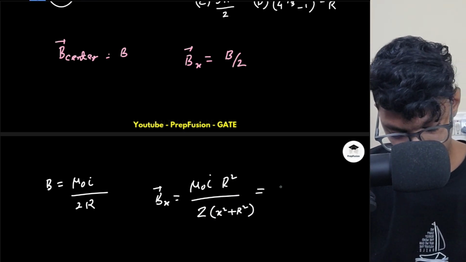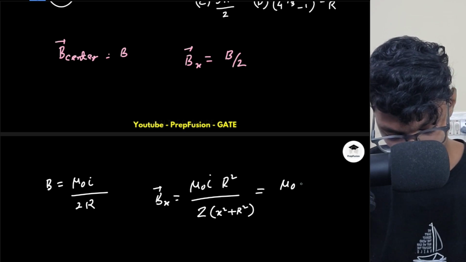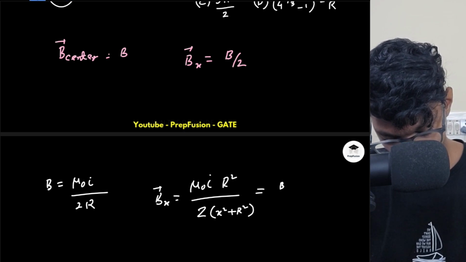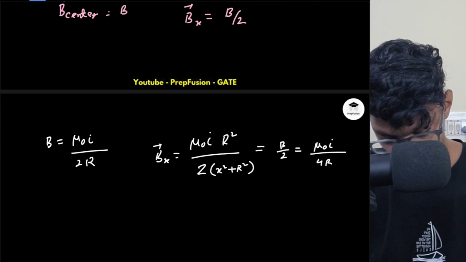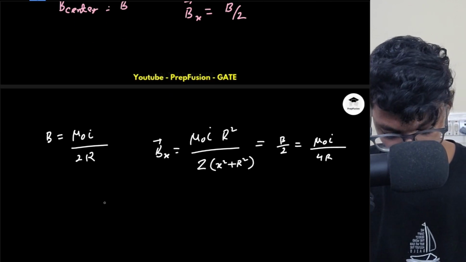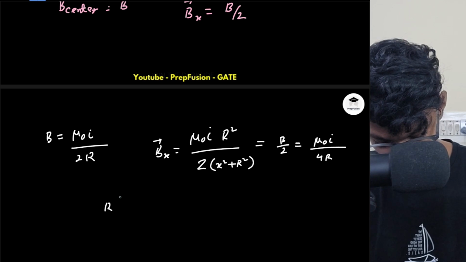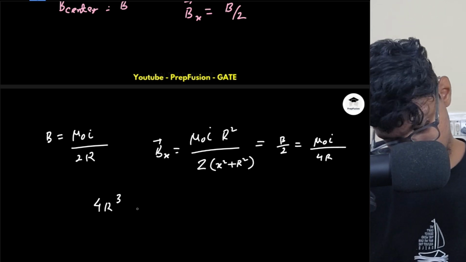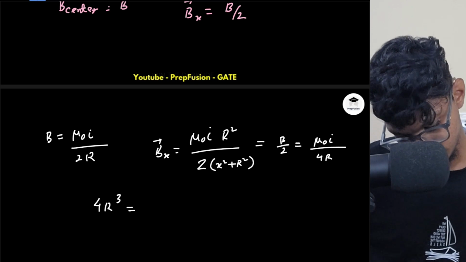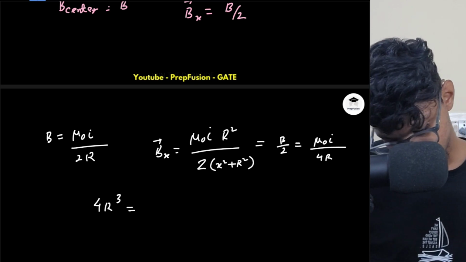Here this is equal to B by 2, that is, mu naught I by 4r. Now from here I will equate the things. So this will be r cube, 4r cube, and this is 2r.